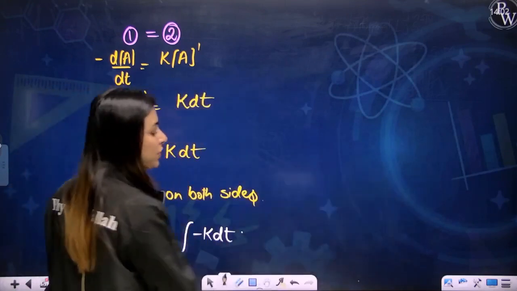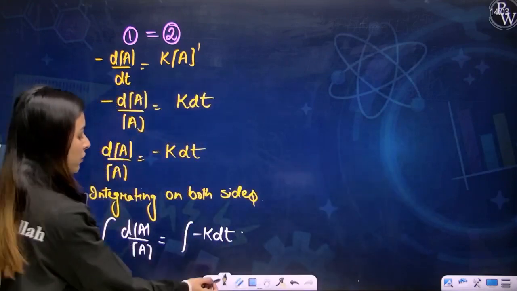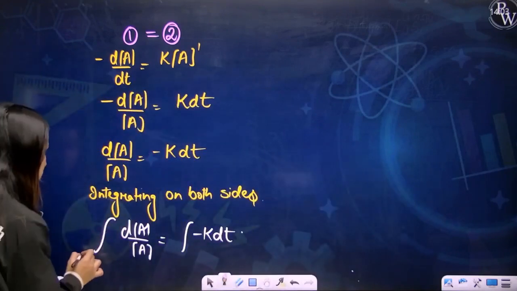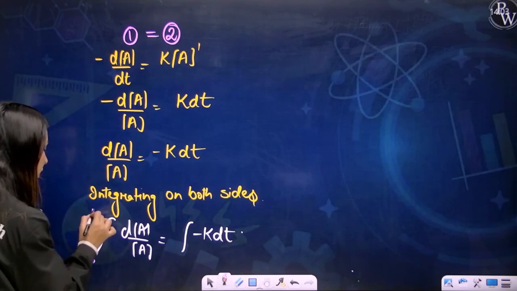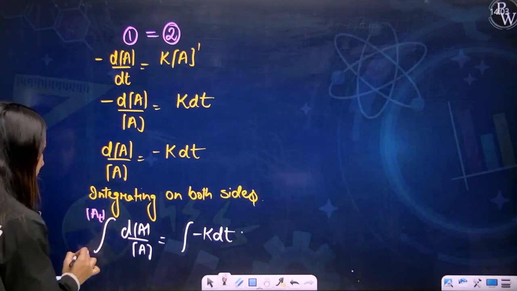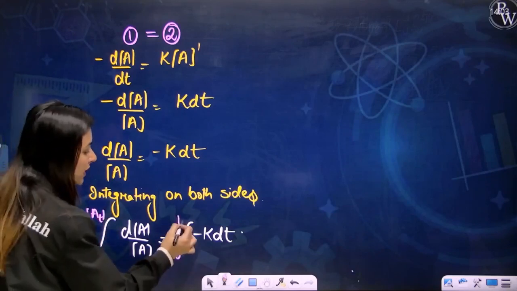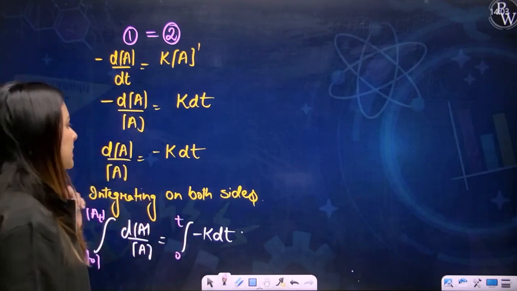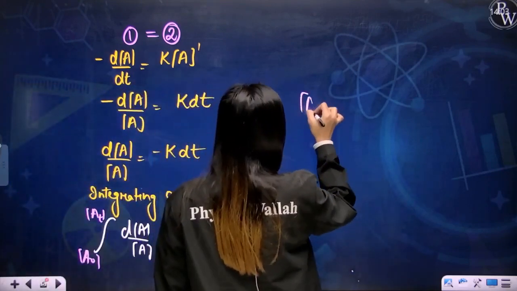Whenever you integrate, my dear students, you need to put the limits. So this would be from A0 to At, and this would be from 0 to t. Now we need to understand what is A0 and what is At. All of you remember, but still I'll write it.